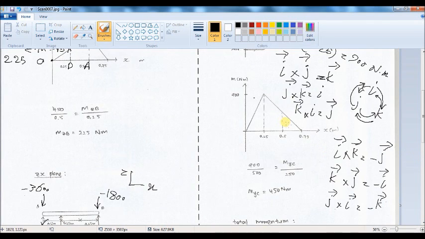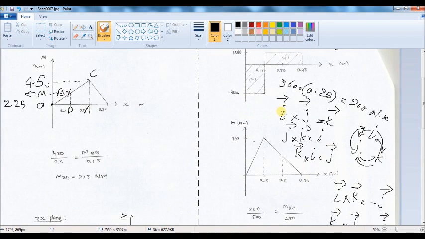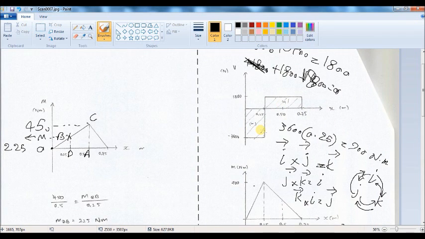Now we have to see the direction of this shear and x. Okay, so here we have positive x. That means, let me write in this way, 0.25, which is this distance in positive i direction, times this is k, because this is the shear in z direction, right?